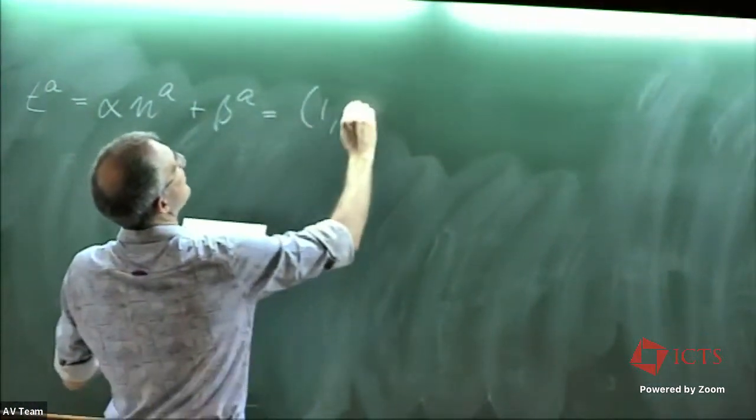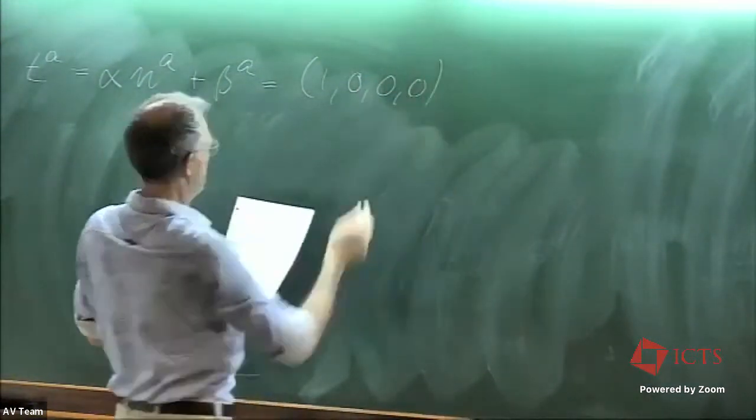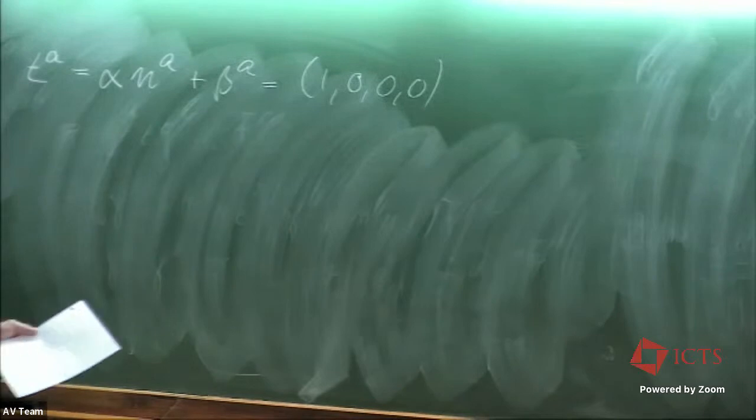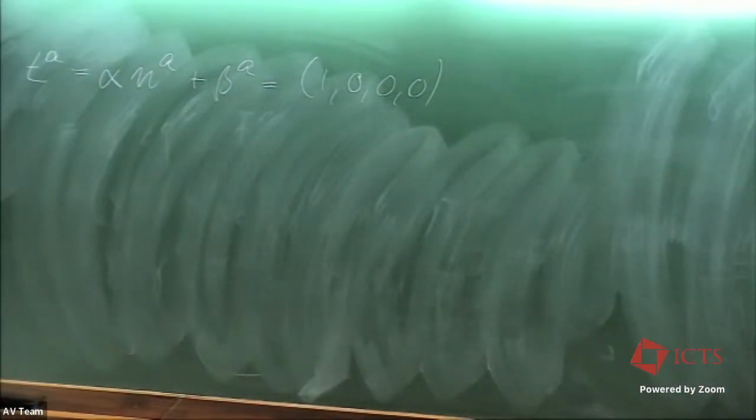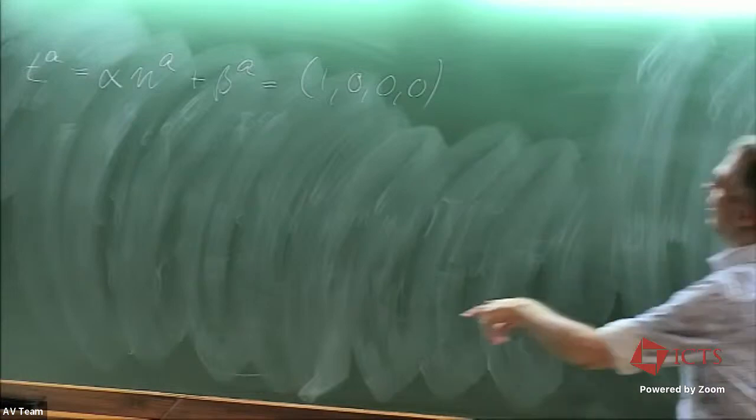Remember, this just had components 1, 0, 0, 0. Rather than write this in terms of the Lie derivative along the normal vector, it's nicer to write it in terms of the Lie derivative along alpha times the normal vector, which gives us the Lie derivative along this t.